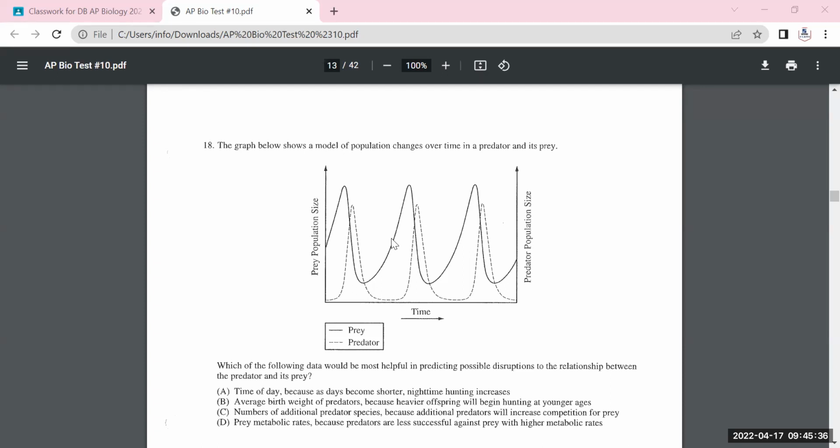That is important to know because, again, who is this predator competing with? And then prey metabolic rates because predators are less successful against prey with higher metabolic rates. I don't know if that's true, doesn't sound right, but best answer for this one would be C.